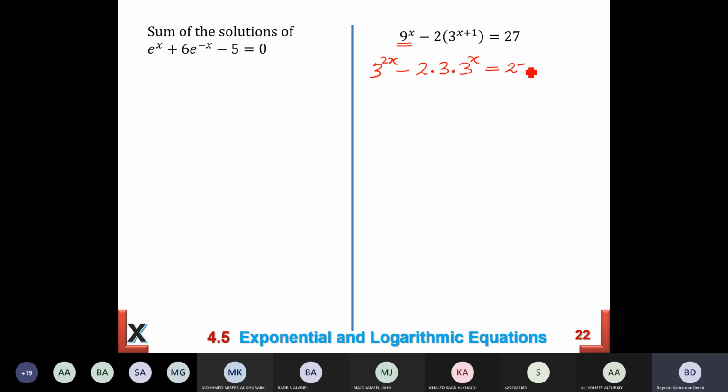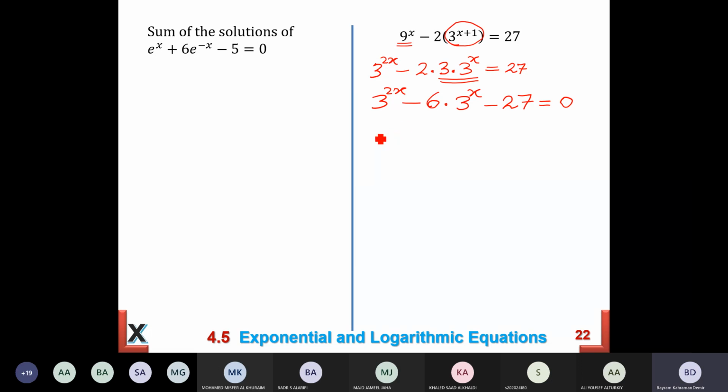Equals 27. So now, did you guys understand 3 to the power of x plus 1 is the same as 3 times 3 to the x, huh? So what we got here, 3 to the power of 2x minus 2 times 3 is 6, 6 times 3 to the power of x, and then minus 27 equals 0.